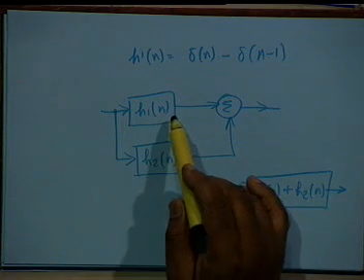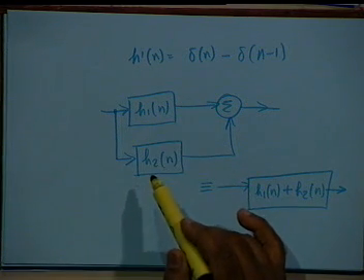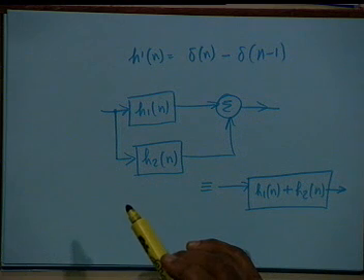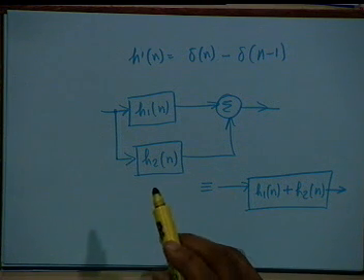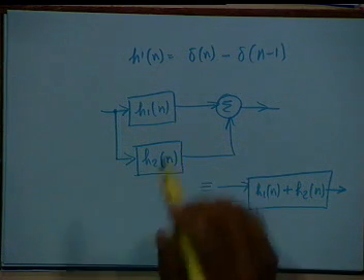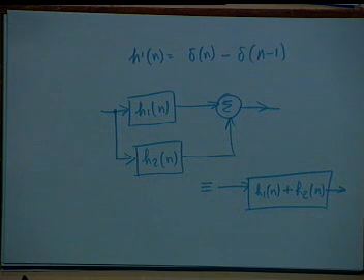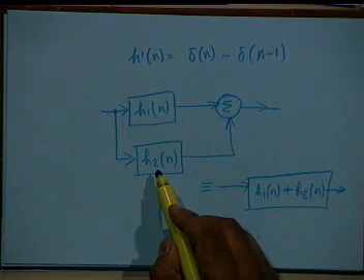What can we say about the stability of the system? That is a very good question. In a parallel system, if H1n and H2n are individually stable, is there a possibility that the system becomes unstable? No. Suppose one of them is unstable, the other is not, then the whole system is unstable because it does not know what H2n is doing.